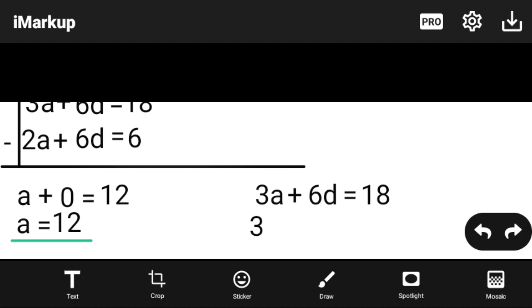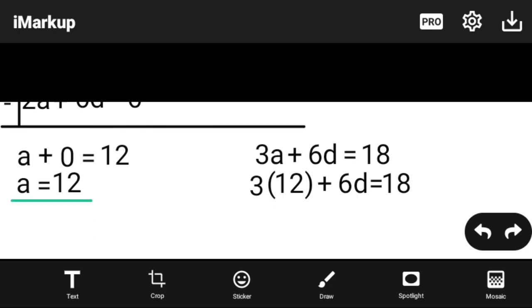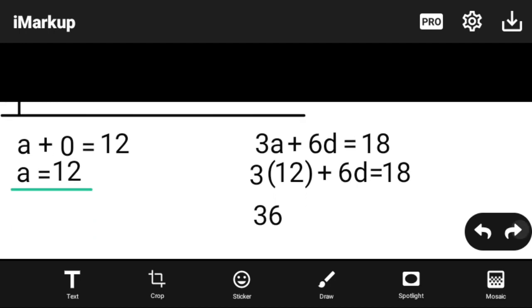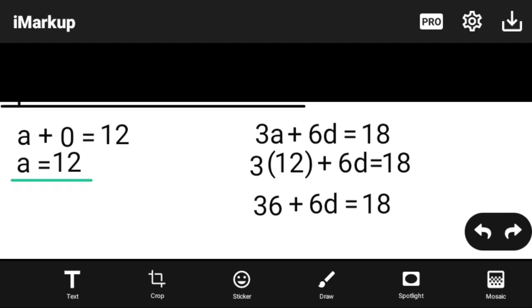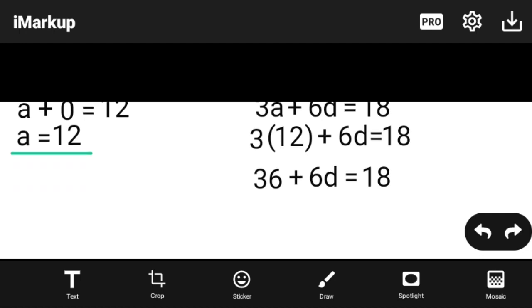So 3 times 12, then plus 6d, is equal to 18. Then when you multiply 3 times 12, that is 36, then plus 6d is equal to 18. Then from there now, you need to gather the like terms, because this is an algebraic equation.